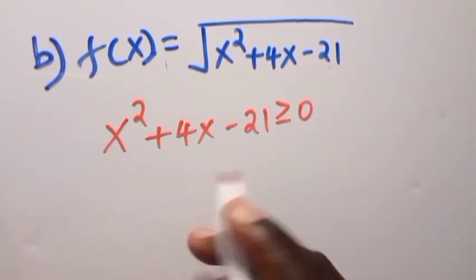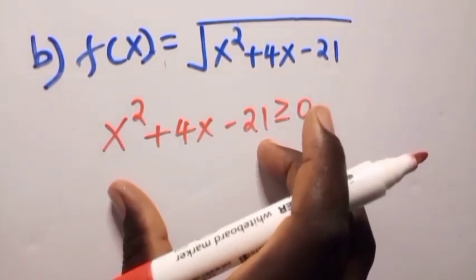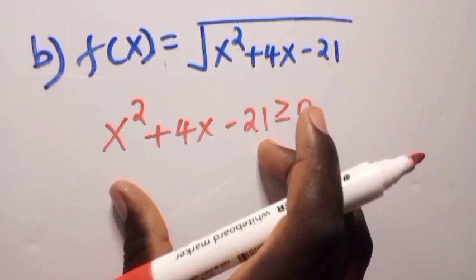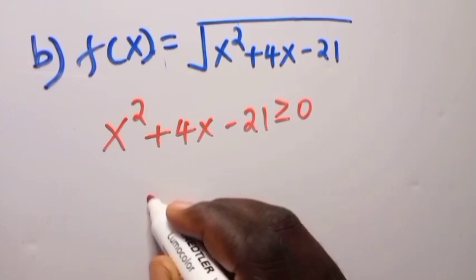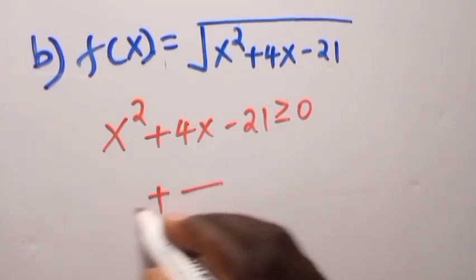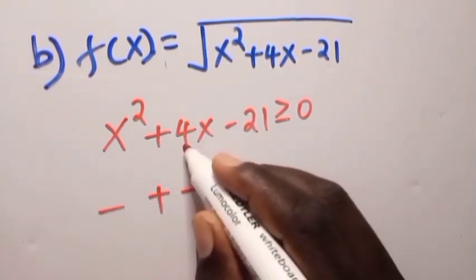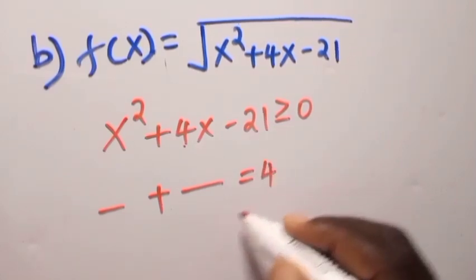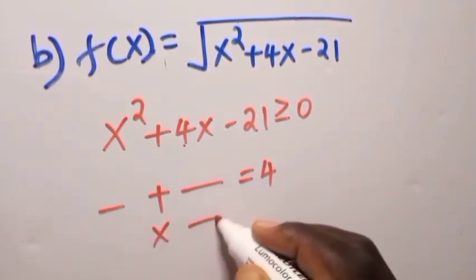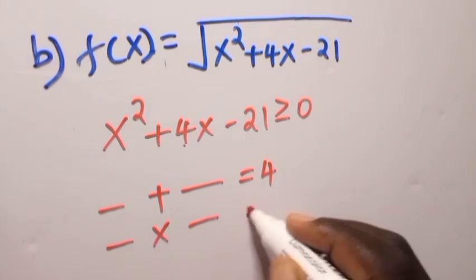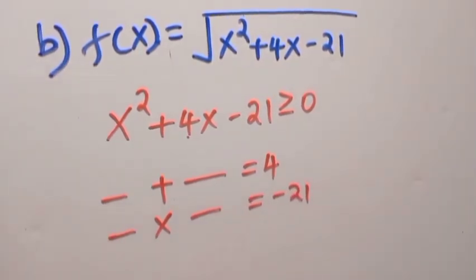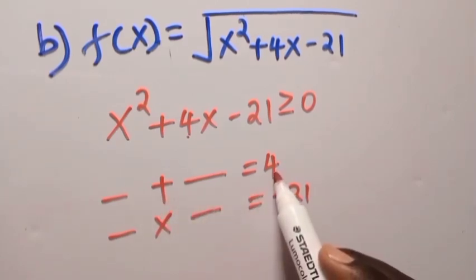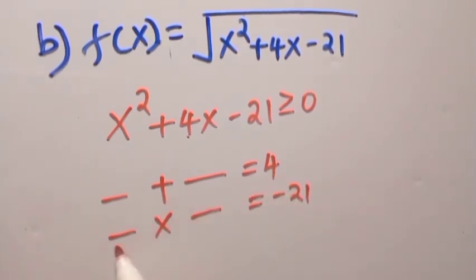And this one, we can factorize this quadratic expression. If we factorize it, the sum of two numbers should give us the coefficient of x, which is 4, and the product of two numbers should give us negative 21. Which two numbers, when we add them, we get positive 4, and when we multiply them, we get negative 21?